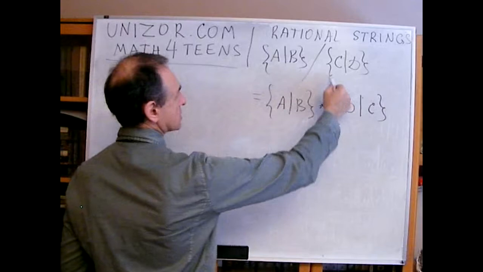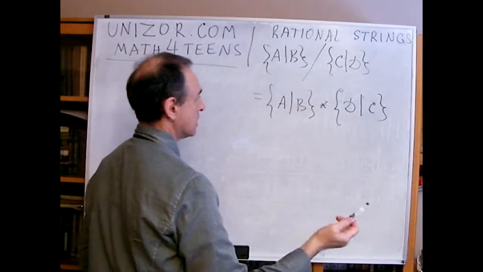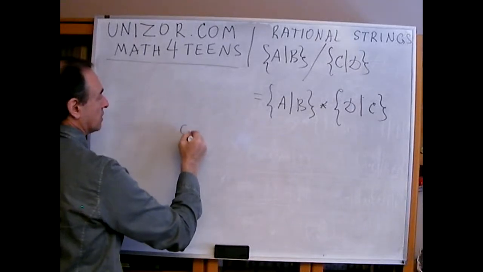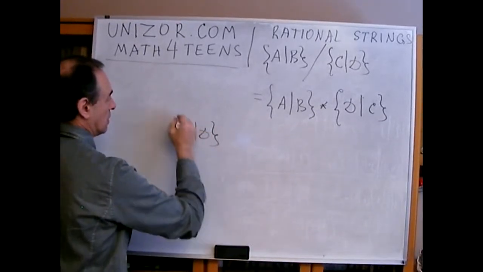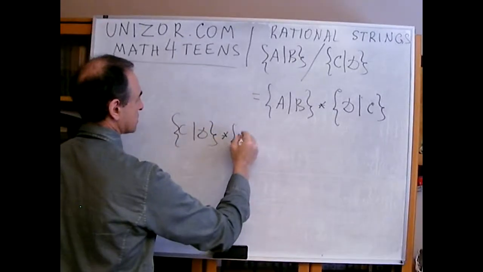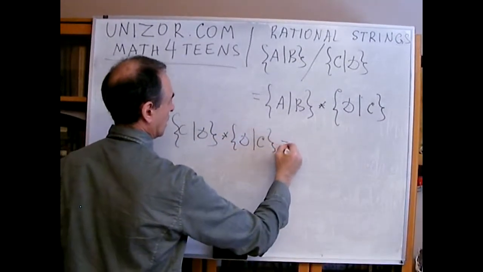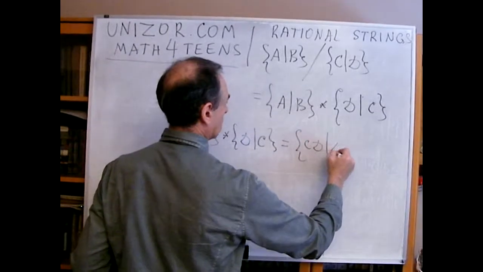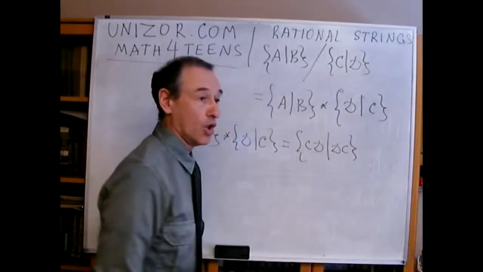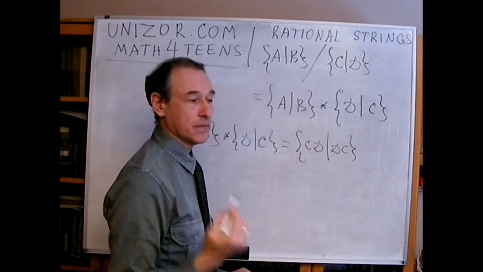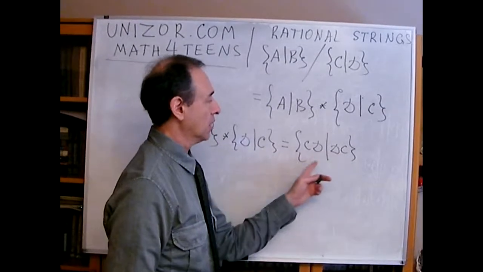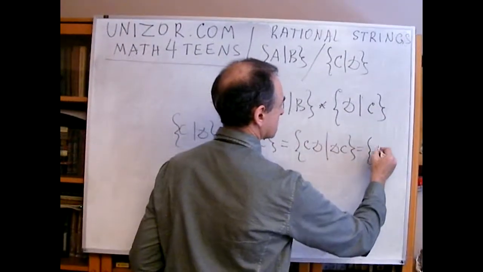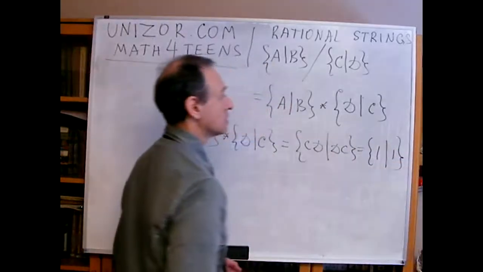Now, why C over D's reverse is D over C, as I was saying? Well, for a simple reason. If you multiply C over D times D over C, this is CD over DC, and you know we can reduce the rational number by the common multiplier, and common multiplier is CD, obviously, so this is the same thing as 1 over 1, which is a unity.